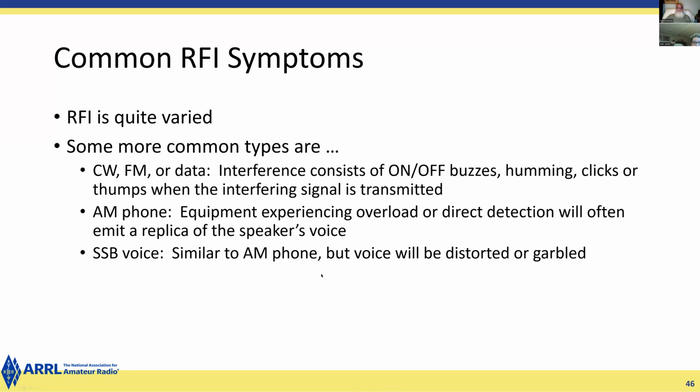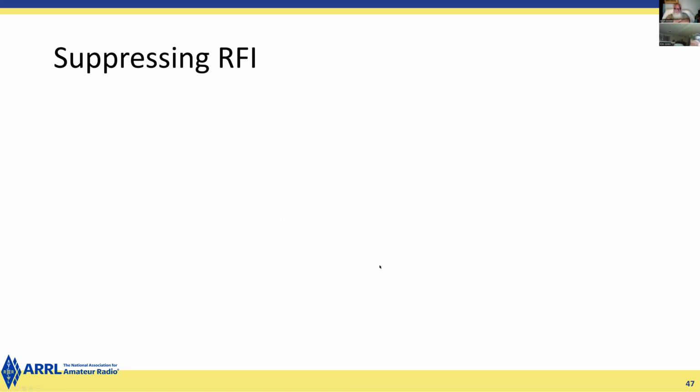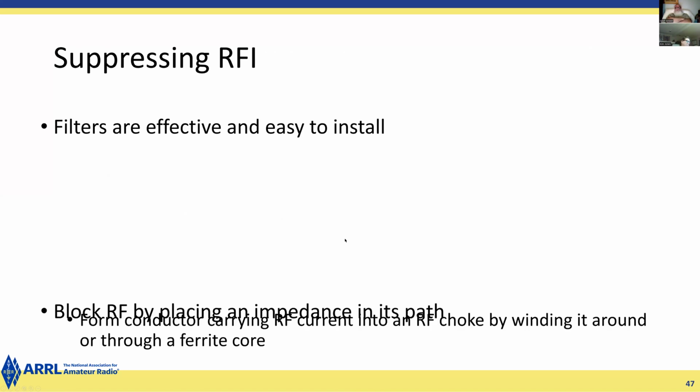For single sideband, you'll hear a muffled or distorted sort of duck talk voice, because there's no carrier there, but you will hear something that follows the patterns of voice, even if you can't understand it.